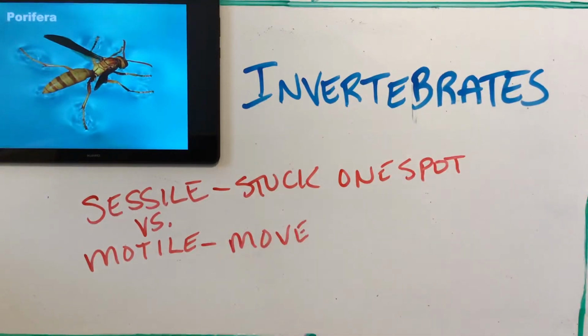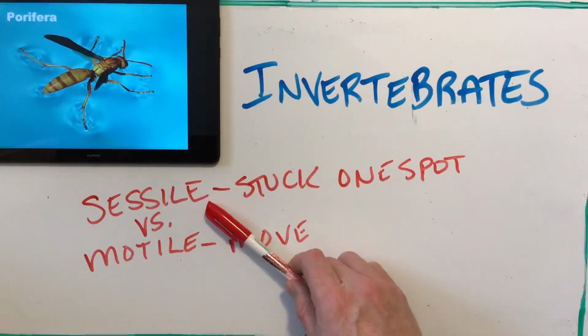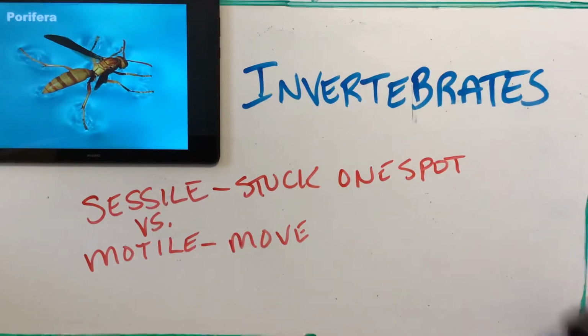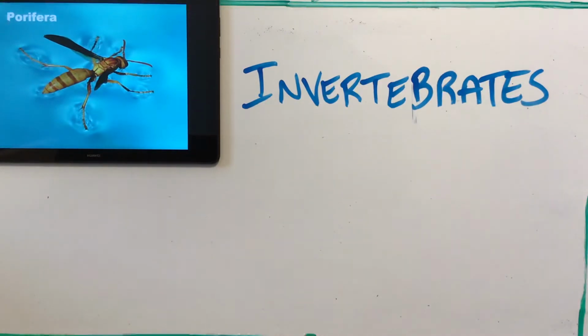So if conditions are not great where you're at, you move somewhere else. You know what? Food supply here is kind of sucky right now. I'm going to go try over there. Or my home got destroyed by a fire. Well, I'm going to go move over there into that part of the forest or that part of the mountain range, whatever it happens to be. So sessile, you're stuck in one spot. Motile means you're able to move. All right? So look for these terms as we start to go through these different groups.